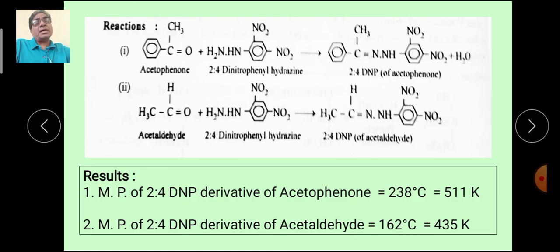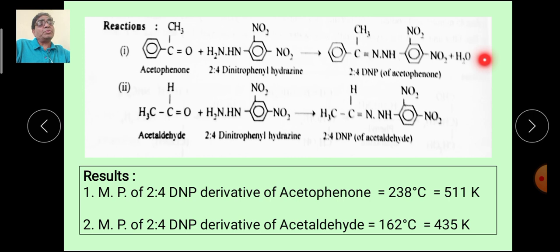The reactions are: acetophenone, C6H5COCH3, reacts with the reagent 2,4-dinitrophenylhydrazine, and the product obtained is the 2,4-dinitrophenylhydrazone of acetophenone.